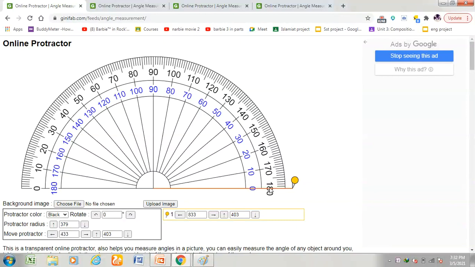So 180-degree is at the downward end, and 108-degree is near 100. See, 101, 102, 103, 104, 105, 6, 7, 8. So this is the 108-degree angle. So let us start our questions.